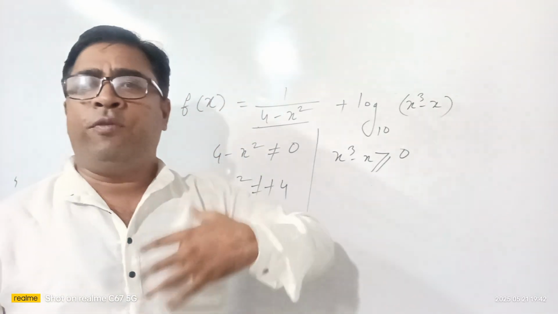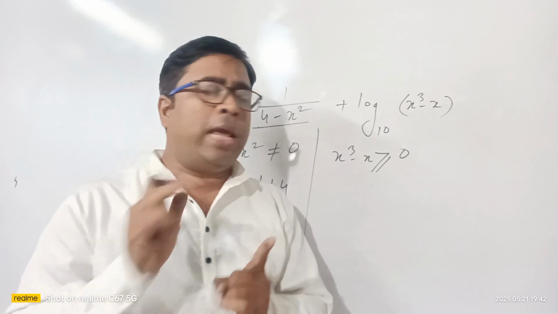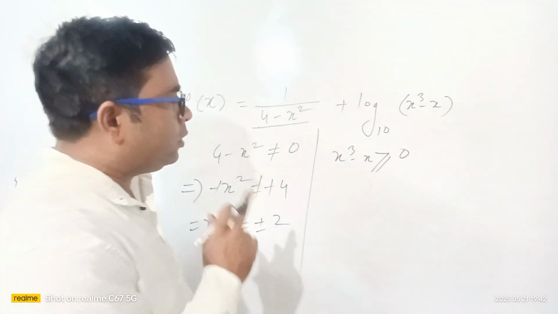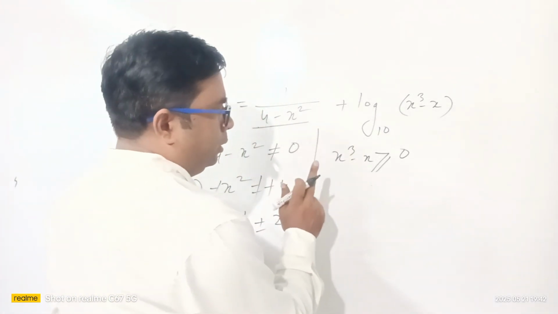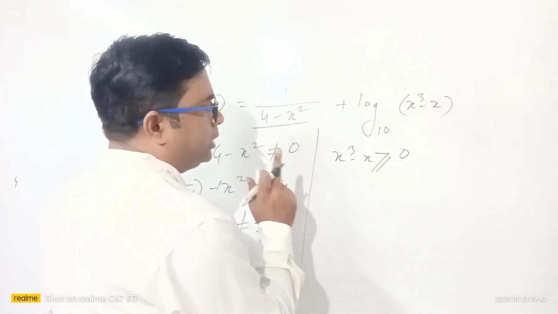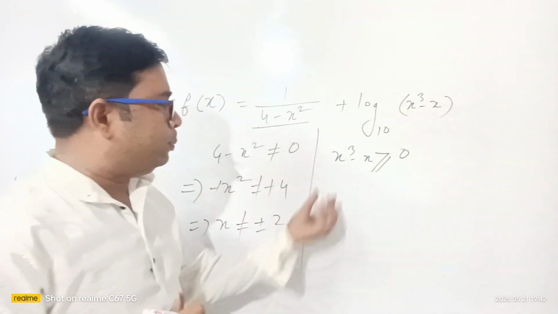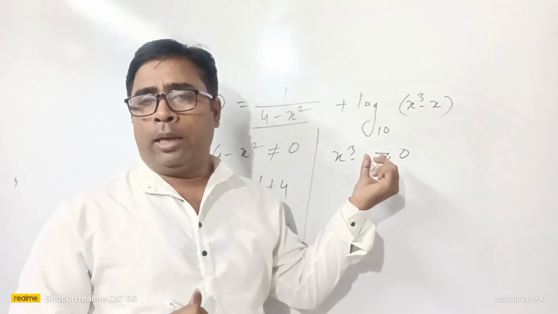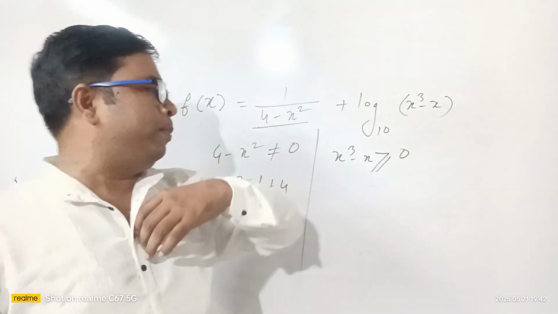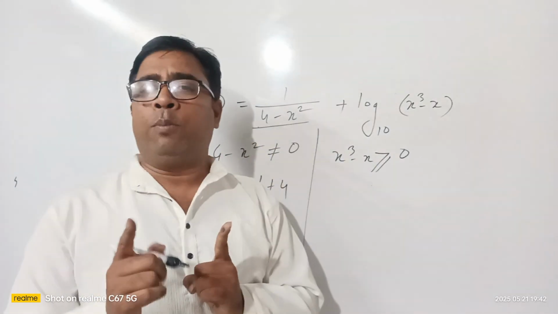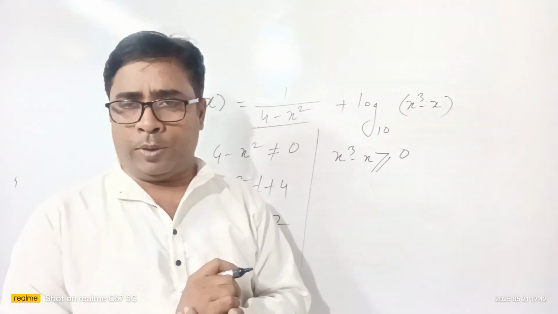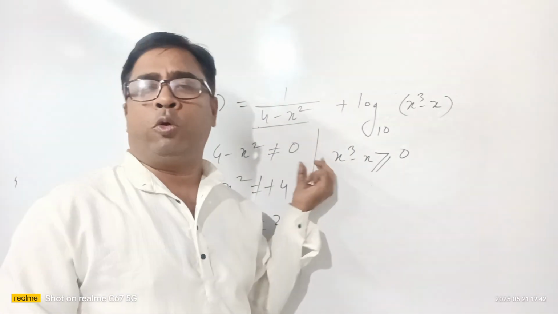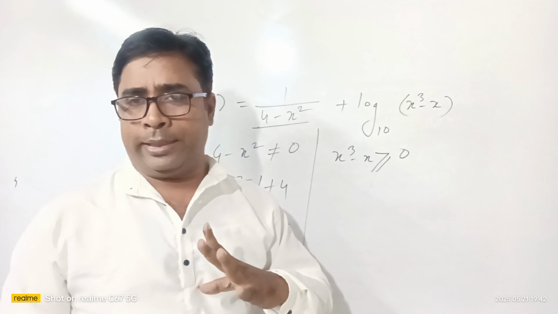Before we apply it, first we have to see which part has the highest power. This part has the highest power. The rule of the wavy curve method is that we have to make the sign before the highest power positive. It is already positive, so we don't need to do anything here.